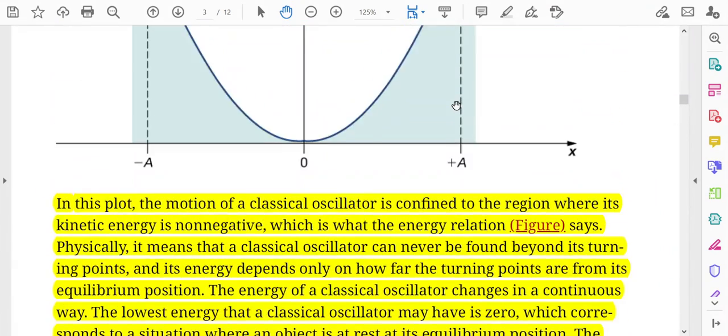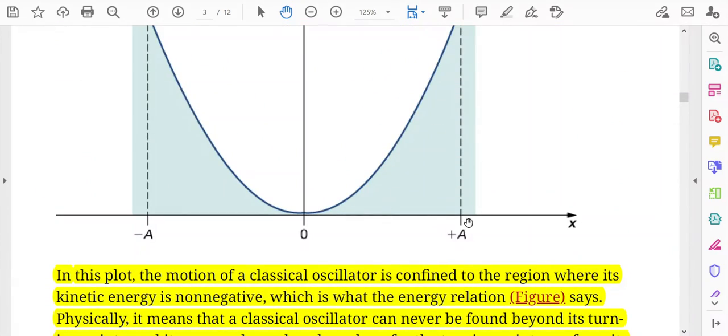Now suppose at the turning points, suppose the particle is either in this position or in this position. From the equilibrium position, when the particle reaches the turning point here, after reaching the turning point the particle changes its direction and comes back towards the equilibrium. The same happens here also.